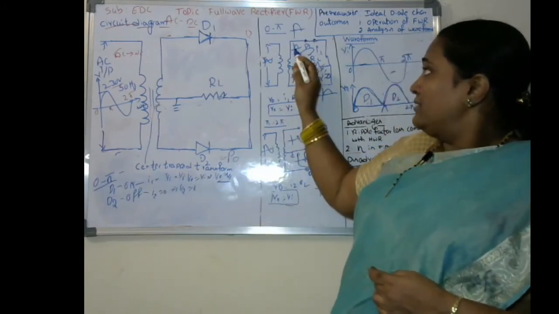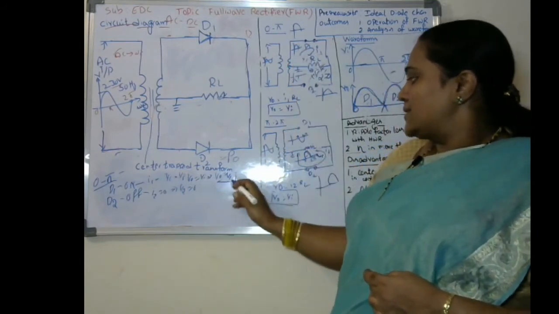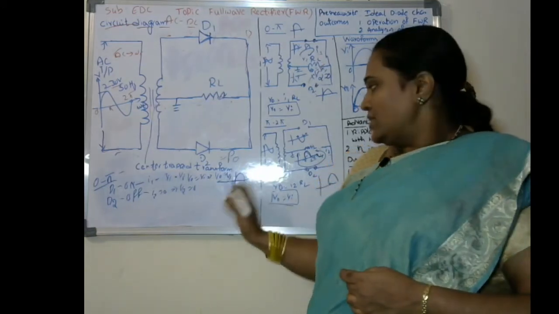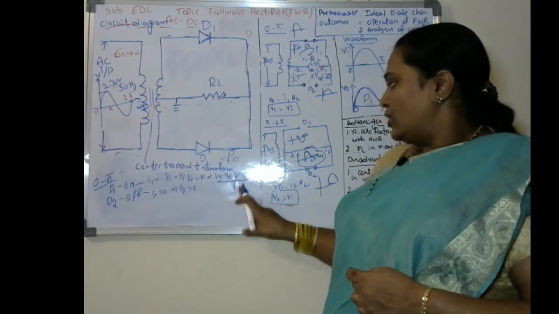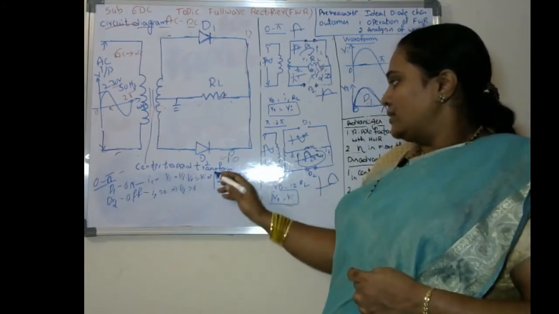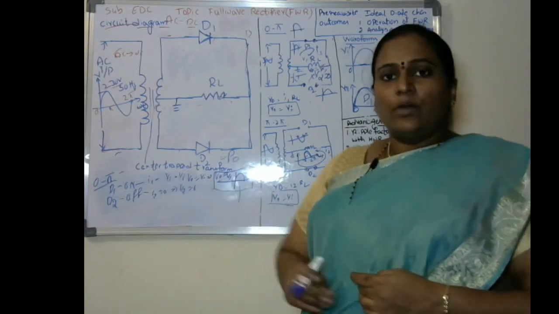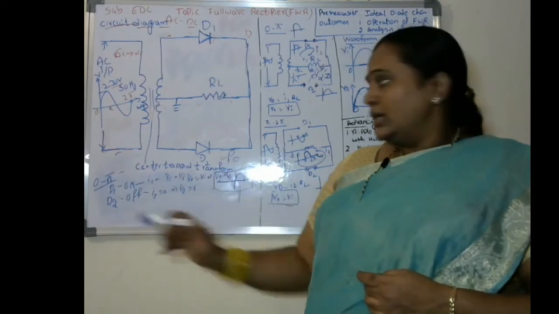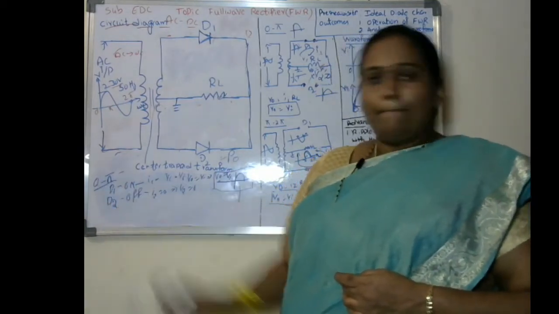The shape is this. So this is the shape we are expecting across the output voltage, since V0 equals Vi. This is the shape of the output voltage we are going to get with respect to the input in the 0 to pi case.